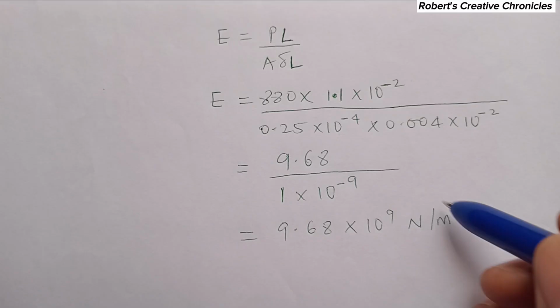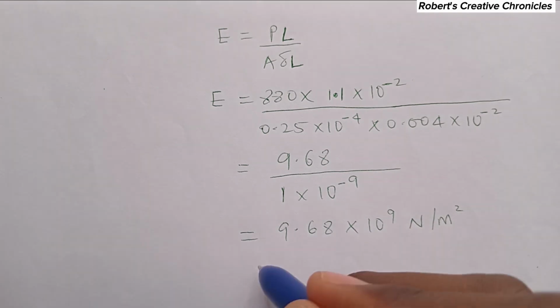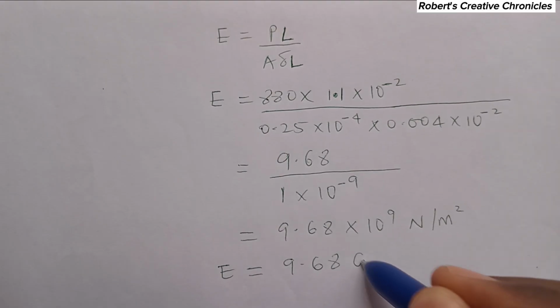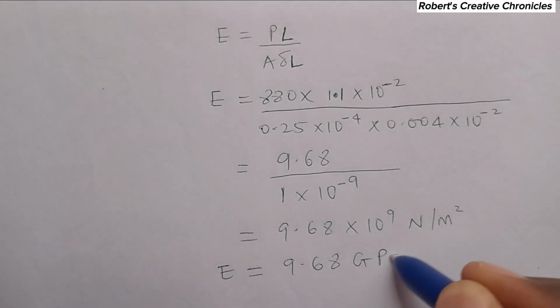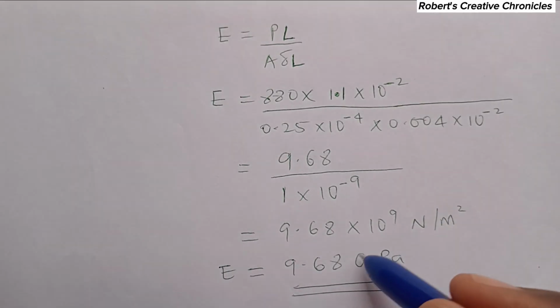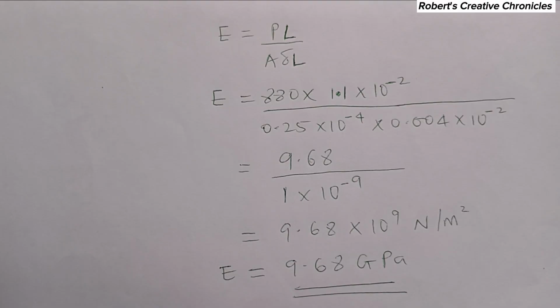It is the same thing as Pascal or Newton per meter square. So this 10 raised to the power of 9 is giga. So E will be 9.68 gigapascal. This 10 raised to the power of 9 is giga, and Newton per meter square is Pascal. So this is 9.68 gigapascal.